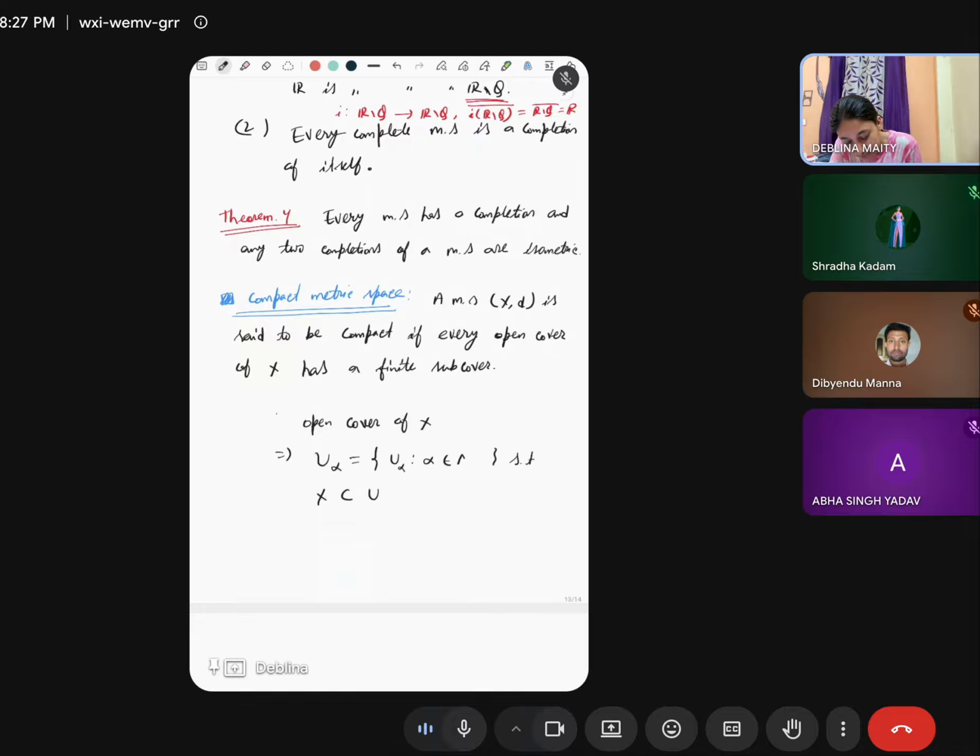Lambda can be any index set, countable, uncountable, finite, anything. Then we say that U alpha is an open cover of X, right?